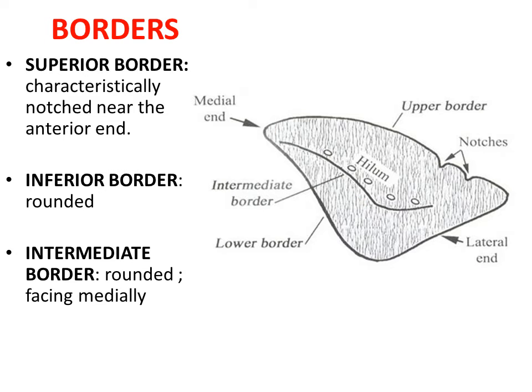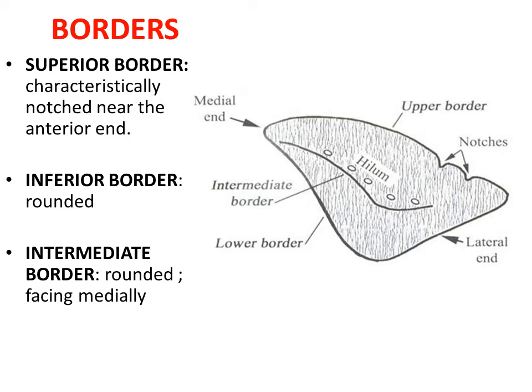So this is about the three borders: superior, inferior and intermediate border. But see these notches, they basically indicate the fusion of the number of nodules developed during the embryological development of the spleen. Right?